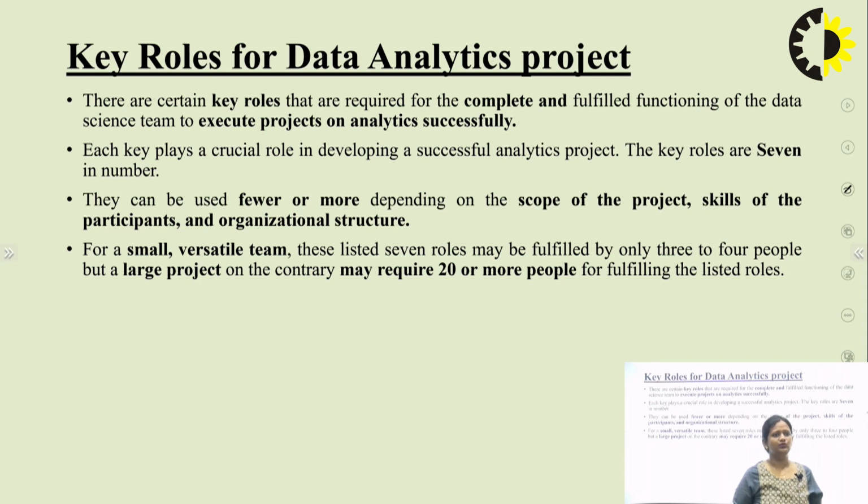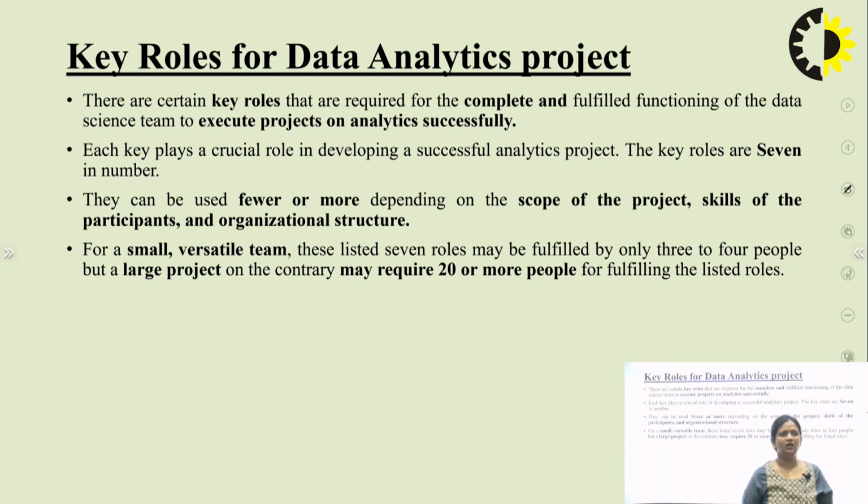They can be fewer or more depending upon the scope of the project. These may not be exactly 7 in number. If the scope of the project is large, we may have 8 to 9 key roles, or if the project is small, it can be fewer.